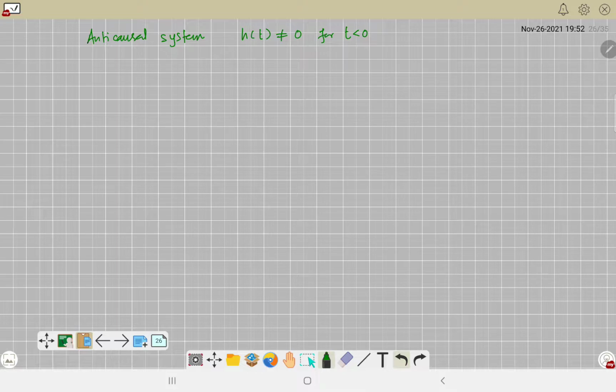So we are defining causality here in terms of that ROC. If ROC is to the right of the rightmost pole, then your system is going to be causal. In case it lies to the left of the pole, then it will not be causal, it may be anti-causal.